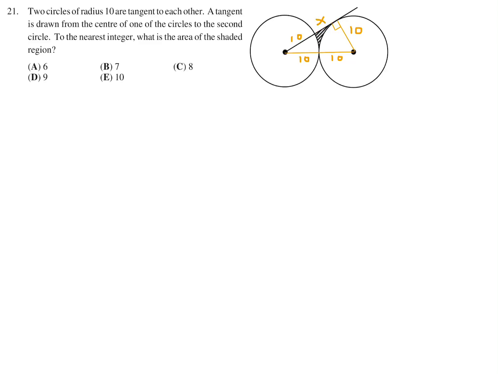And therefore, we have a Pythagorean relationship. We have 10 squared plus (10 plus x) squared is equal to (10 plus 10) squared, like that. So this becomes 100 plus (10 plus x) squared is equal to 20 squared, which is 400.